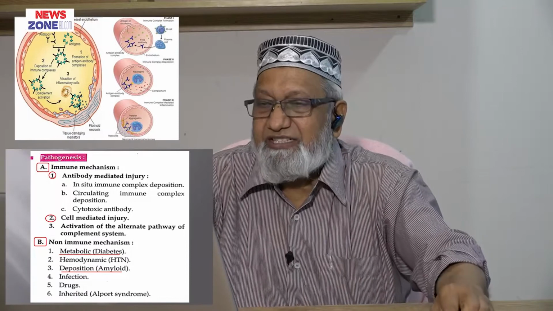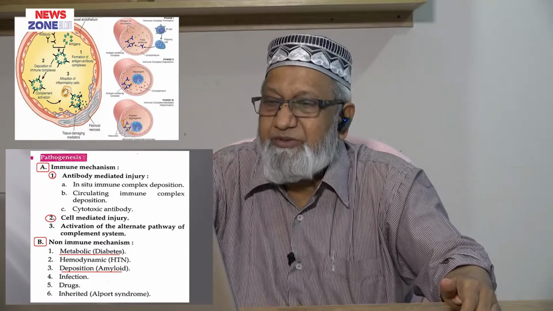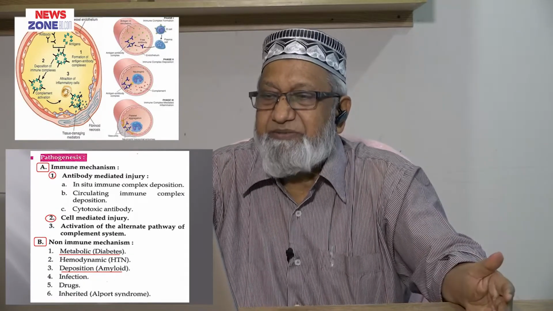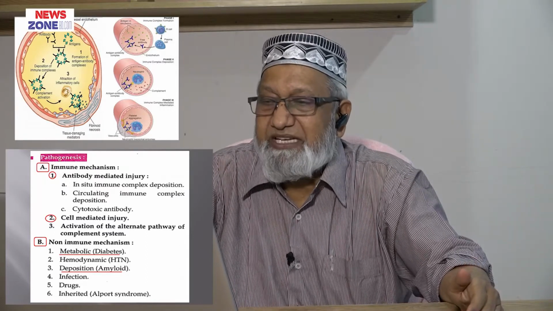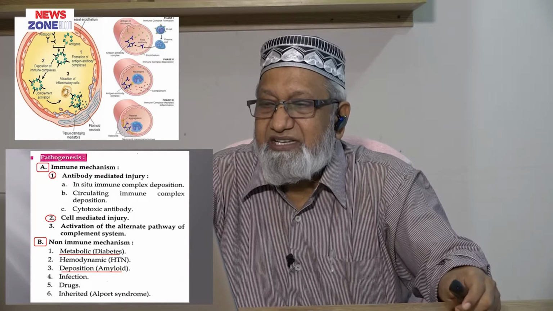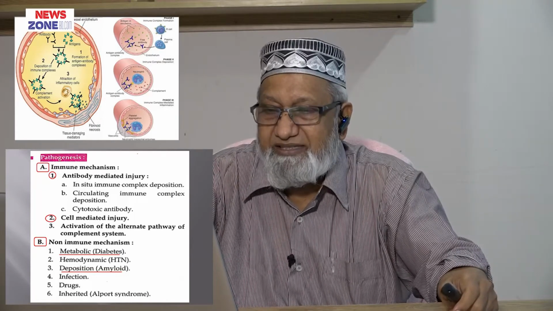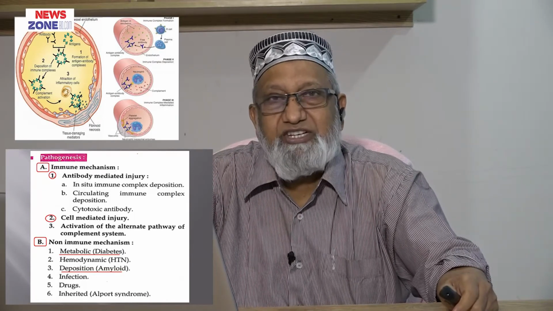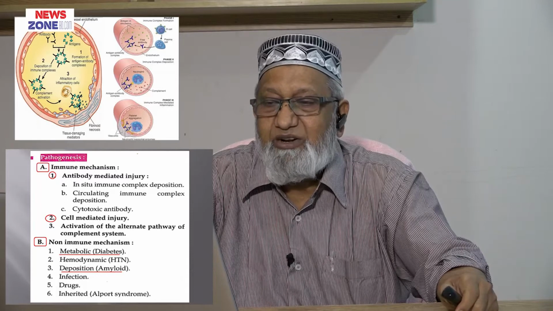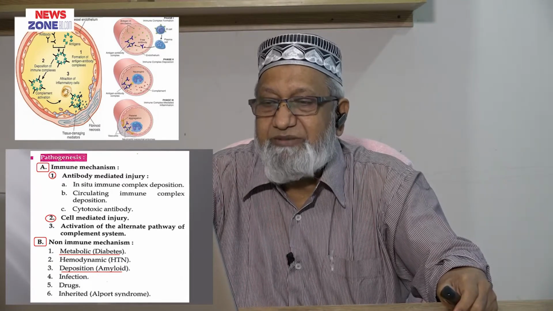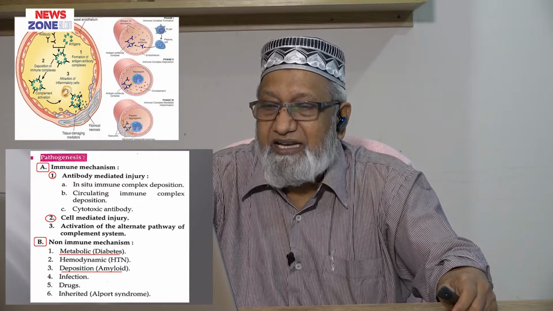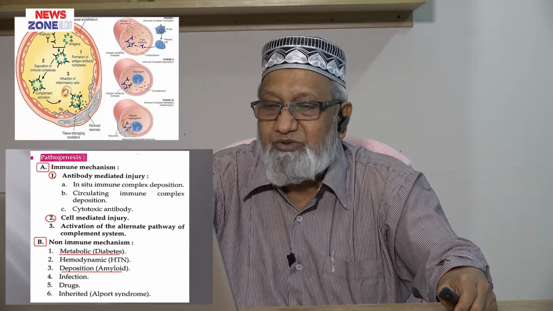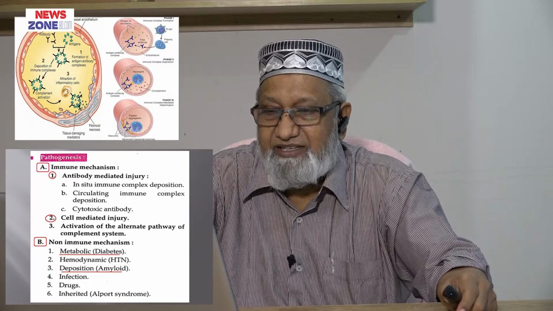So pathogenesis, that is immune mechanisms. It may be antibody-mediated injury, in situ complex deposition, circulating immune complex deposition, or cytotoxic antibodies. And it may also be cell-mediated injury, with activation of the alternate pathway of complement system.